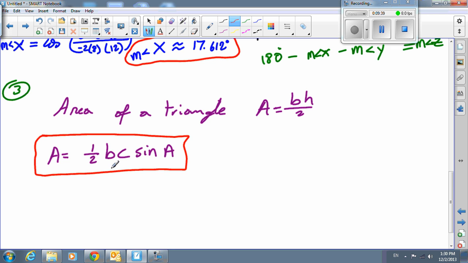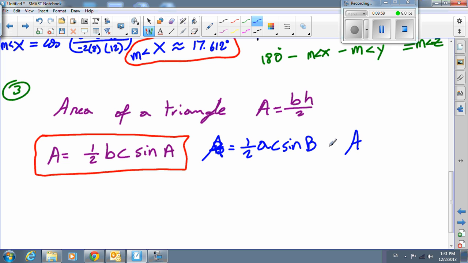But now that you have this, you should understand that it is also similar. You can have the area equal to 1/2 of, instead of b c, a c sine B. It's the same area.